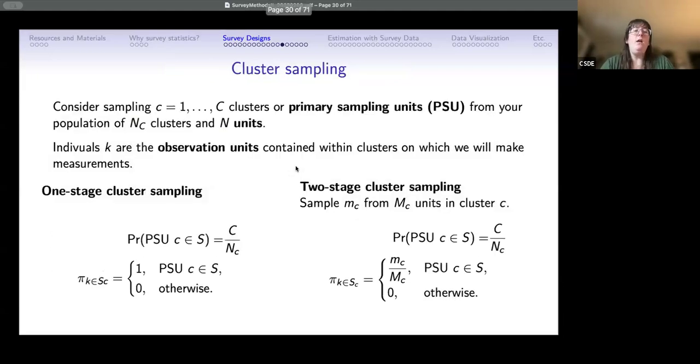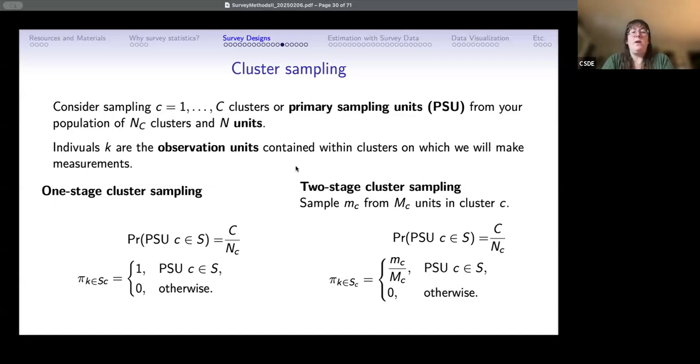Okay. Cluster sampling is something that happens when we sample what we call primary sampling units, which are a collection of observation units. So if our observation units would be students, this is a classic case of cluster sampling, we might first sample schools and then classrooms.